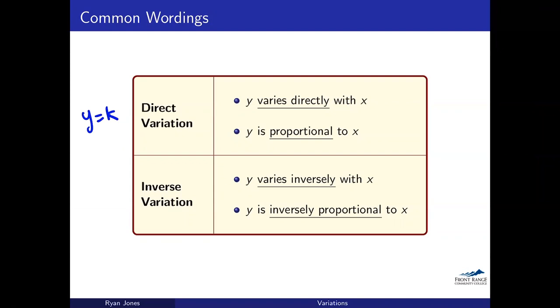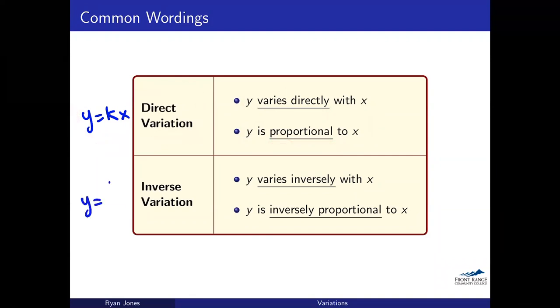There are two primary ways that we'll talk about this. If I say y varies directly with x, that's me talking about direct variation in this y equals kx equation. I could alternatively say that y is proportional to x. And that word proportional is the same meaning as varies directly, just another way of saying it. When I say proportional to, that's talking about direct variation.